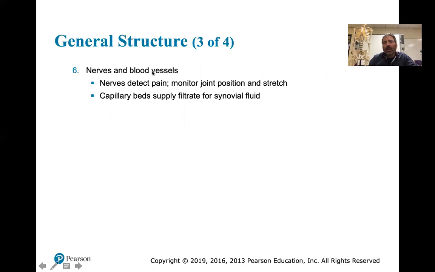So, nerves and blood vessels. Nerves detect pain, and they monitor joint position and stretch. So we have nerves that give us proprioception, which is how your joints tell your body where you are in time and space. We'll talk about that in the nervous system.